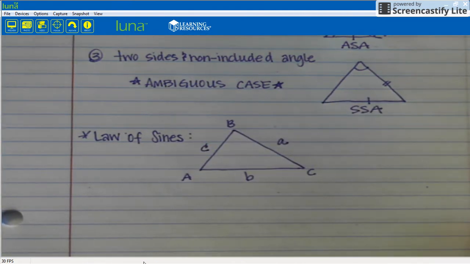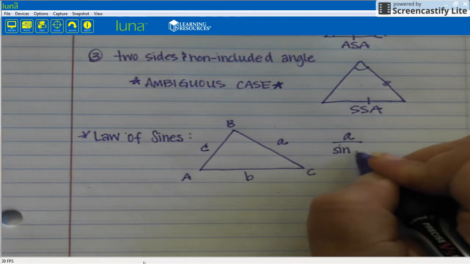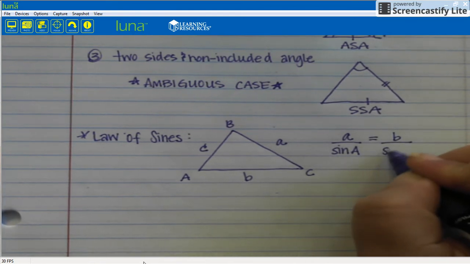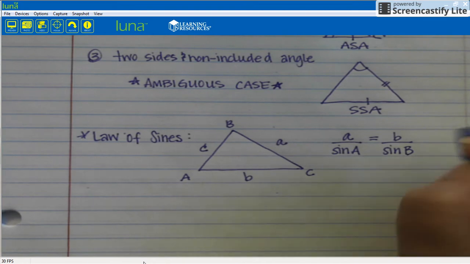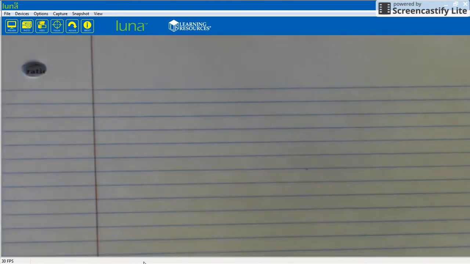Okay? And what your law of sines says is if I take little a over the sine of angle A, well, that is equal to little b over the sine of angle B, which is also equal to little c over the sine of C.